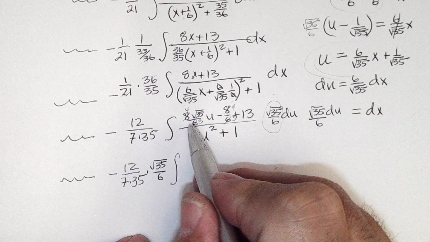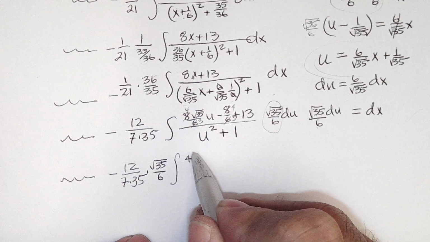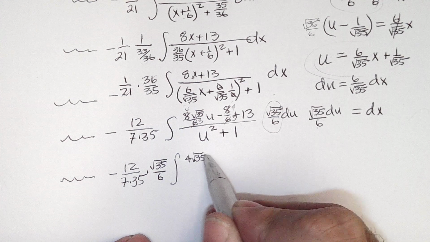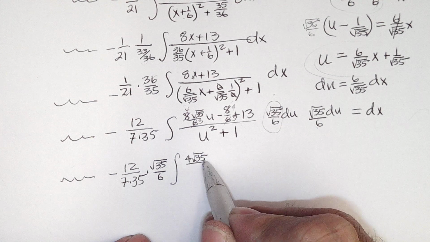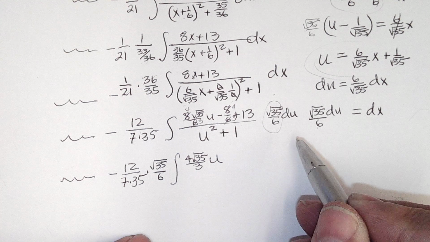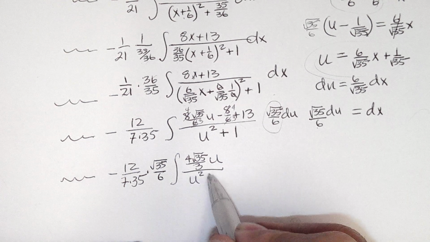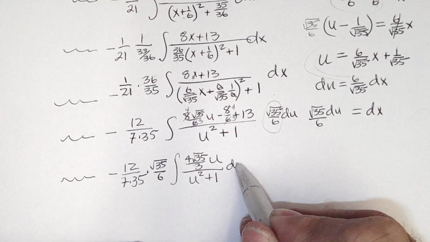And I'm going to have 4 square root 35 over 3 u over u squared plus 1.